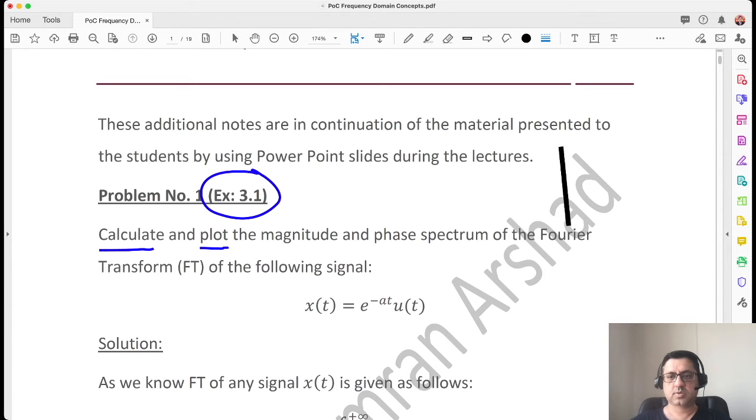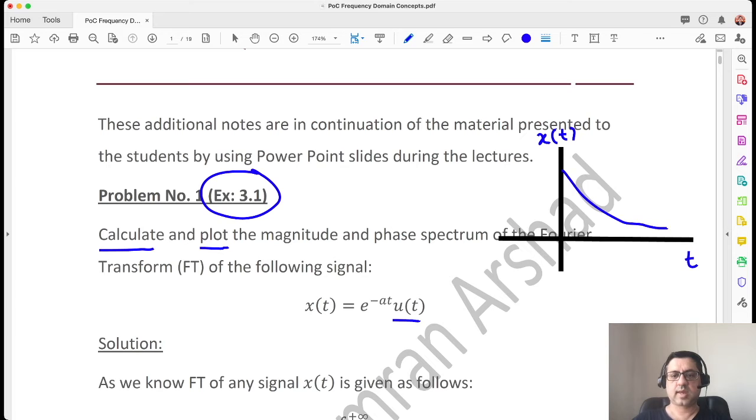Let's say these are my two axes, this is t and this is x of t. One thing you notice here is there is a u of t, so on the negative t there is nothing, it's 0. So it starts from here and then it goes like this. Can anyone tell me what is the value here when t equals 0? Yes, e to the power 0 is 1, so this will be 1, and it is decaying with the rate e to the power minus a t. Because of u of t, this part here is all 0. So this is my signal.